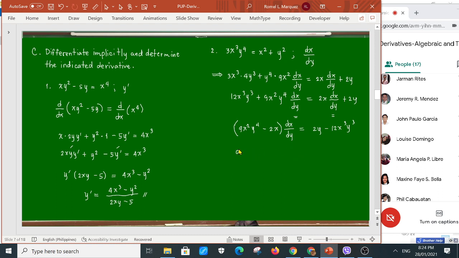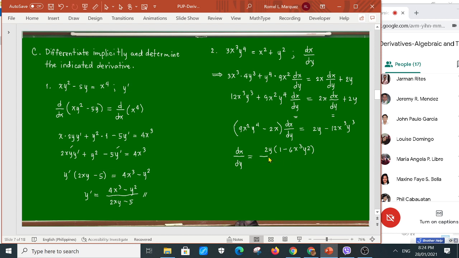So, derivative of x with respect to y equals this quantity, but there is common, no? Factor out natin, baka may makancel later. Then 1 minus 6x cubed y squared. Okay, tama ba? Pag pinactor out ko yung 2y, dito 6x cubed y squared, no? 12x cubed y cubed.